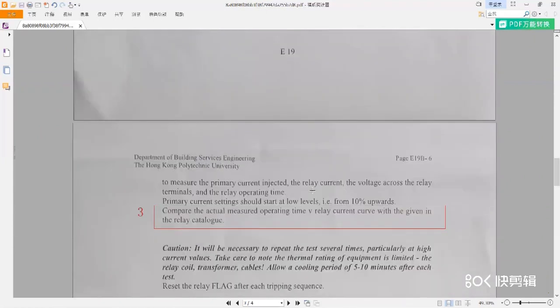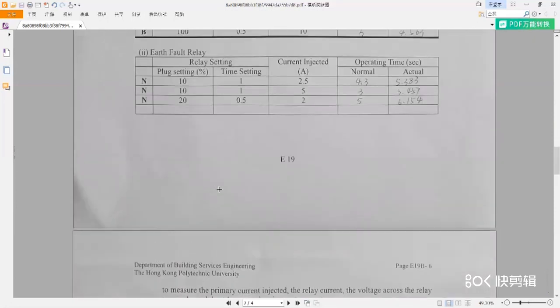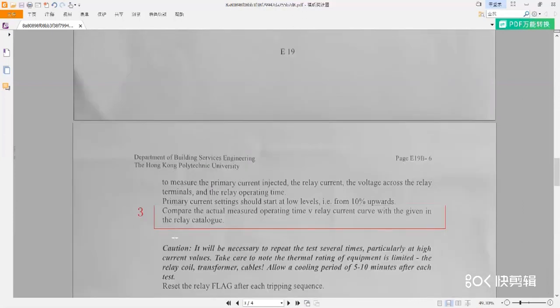For the third question, in the settings of the Earth fault relay, you have to compare the actual measured operating time with relay current curve with the one given in the relay catalog.